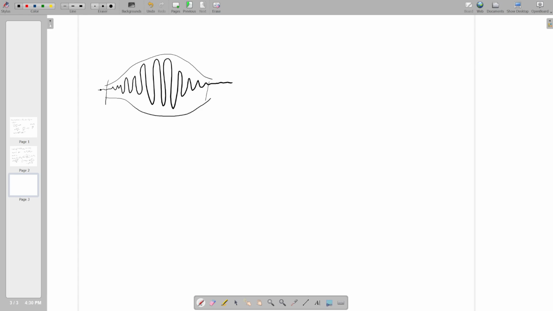And this whole thing, which is going to be moving along, if I draw this again, this is not a great drawing, I recognize, but there we go. This is moving along. That's what's called the group velocity, and these inside are moving along. That's what's called the phase velocity.